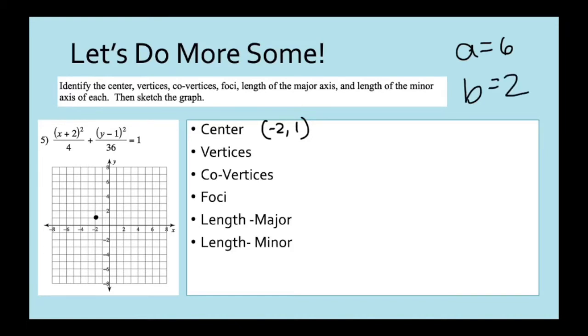All right. So my vertices are going to be 6 units up and down from my center because it's got the a under the y. So I'm going to go up 1, 2, 3, 4, 5, 6 for one of my vertices, and 1, 2, 3, 4, 5, 6 down for my other.